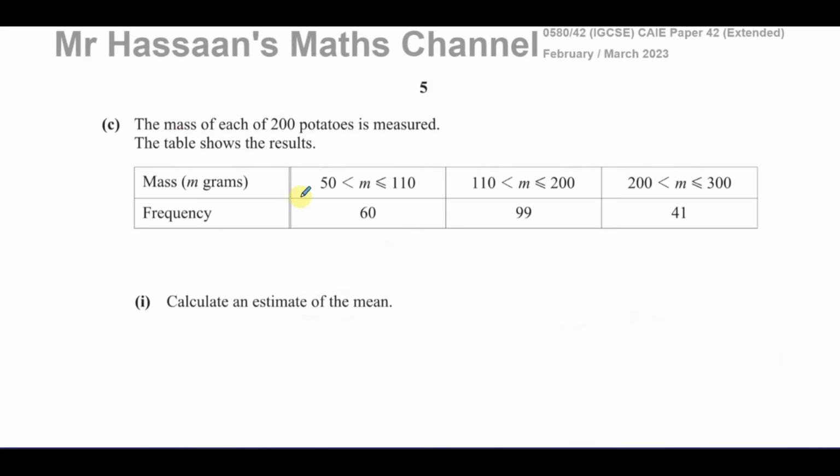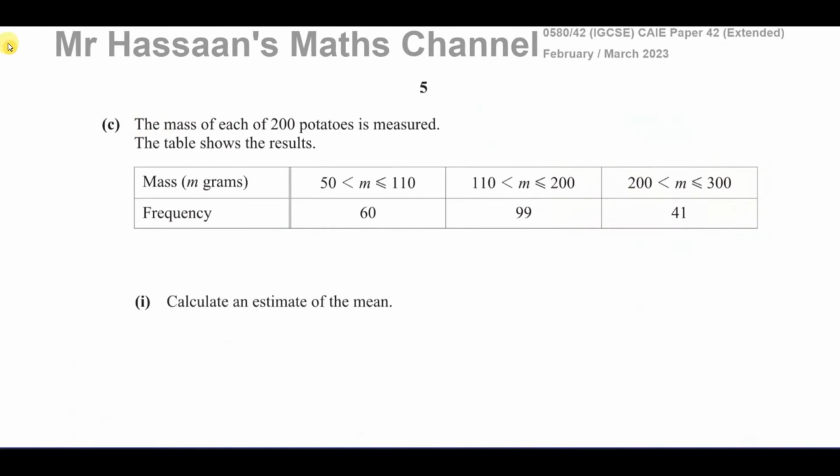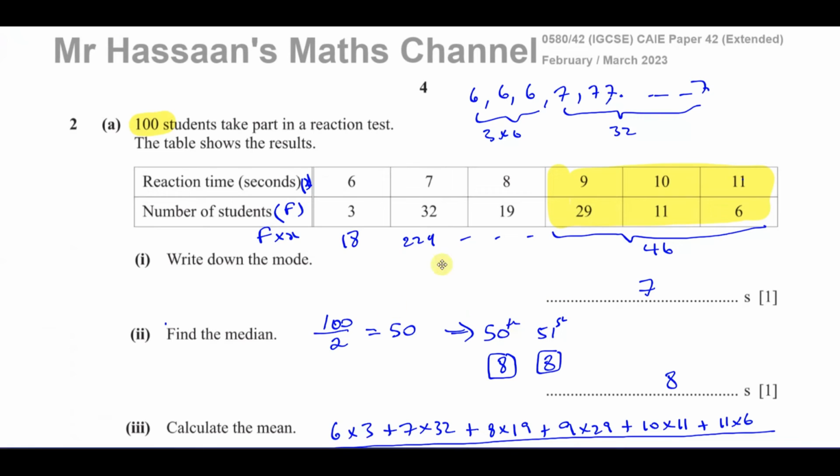Next, we've got here to calculate an estimate of the mean of this data. Now, this is very much different from the data that we have here. In this case here, we know exactly what data entries we have.